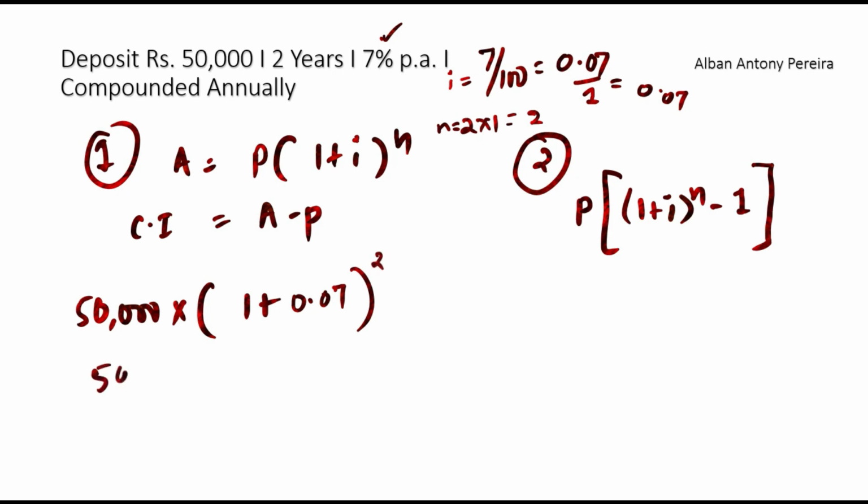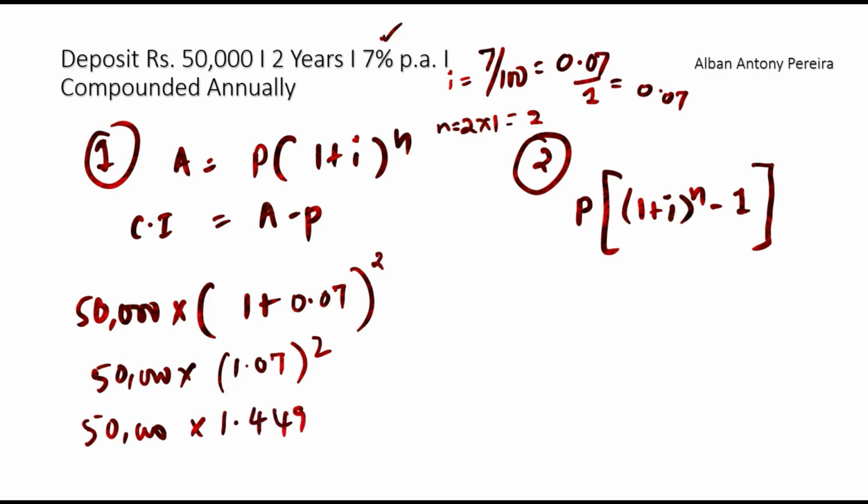So 50,000 into (1 plus 0.07) is 1.07 squared. Next step, 50,000 into 1.07 times 1.07 in the calculator, and the answer you get is 1.1449. When you multiply 50,000 with 1.1449, your final answer will be 57,245.